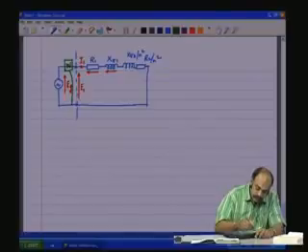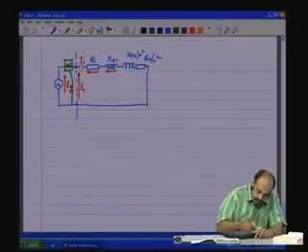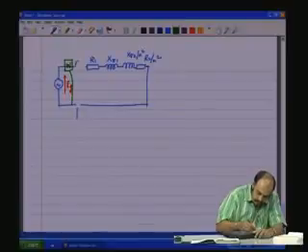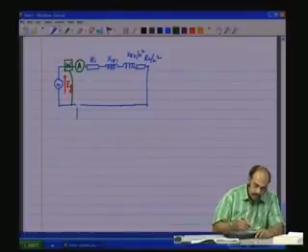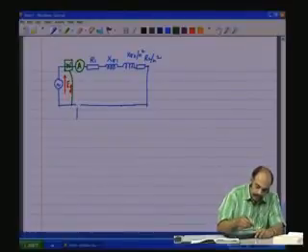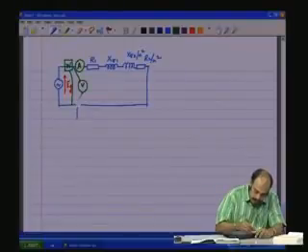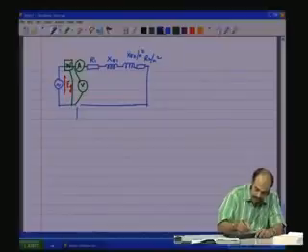We continue to keep an ammeter, that is we need an ammeter there, and then we measure the voltage across the primary through a voltmeter.